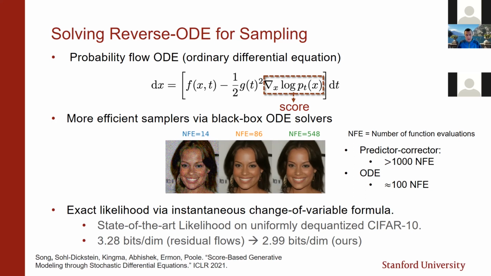And this mapping is invertible, so it is really like a continuous time normalizing flow. And it's possible to evaluate likelihoods exactly through the change of variable formula. So given a sample that comes out from this probability flow ODE, you can actually evaluate the probability of generating the sample through this sampling procedure.